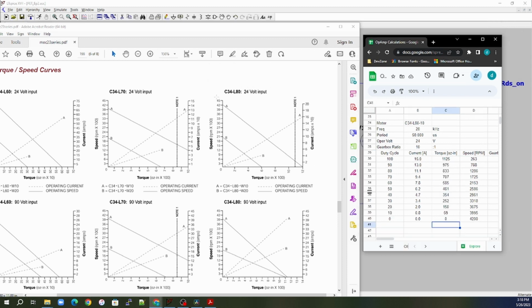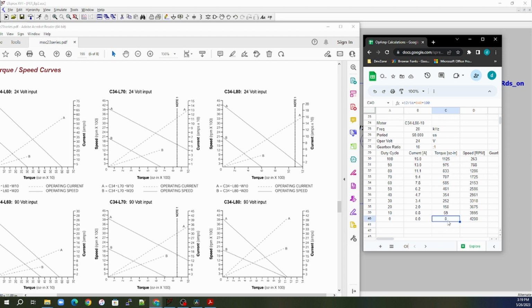So we can see from the graph that as our speed goes down, our torque goes up. And we can also see as our current goes up, our torque also goes up. So we can see here in the chart, as we go from 0 to 15 amps, our torque goes up.